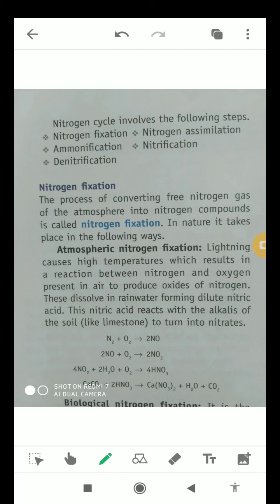As you can see, when N2 reacts with O2, it forms 2NO, and when 2NO reacts with oxygen, it forms nitrogen dioxide, two molecules of NO2.